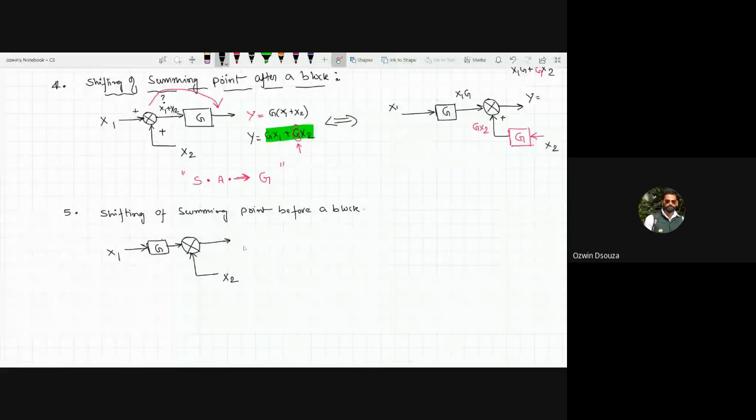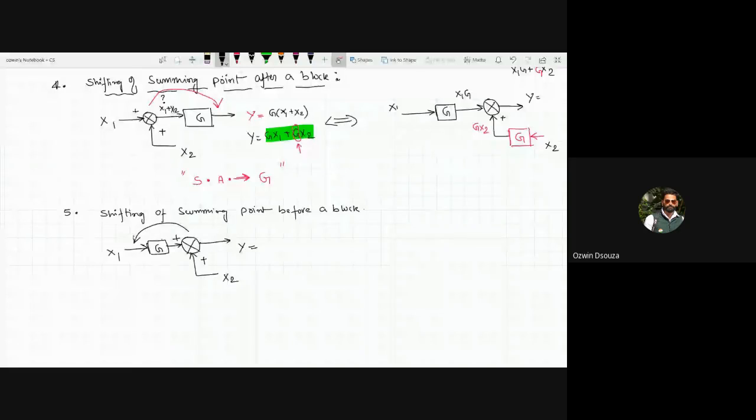Fine, so this is the given circuit, and you are supposed to shift this particular summing point before the block G. To do that, first we will find out the output Y in the as-it-is condition.